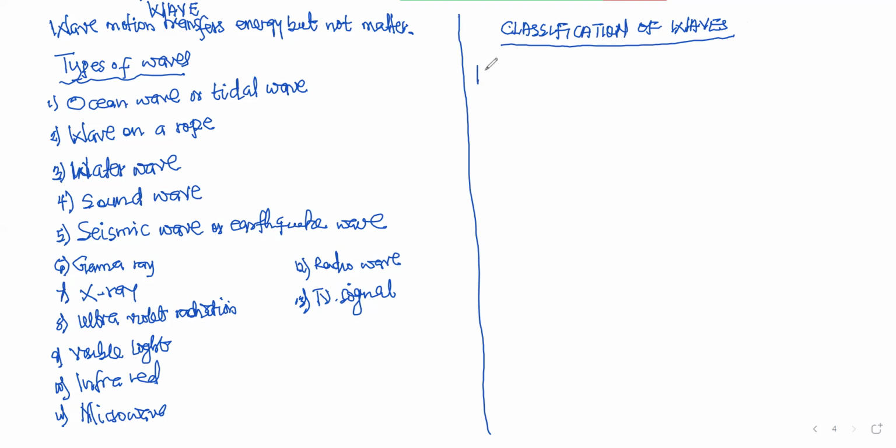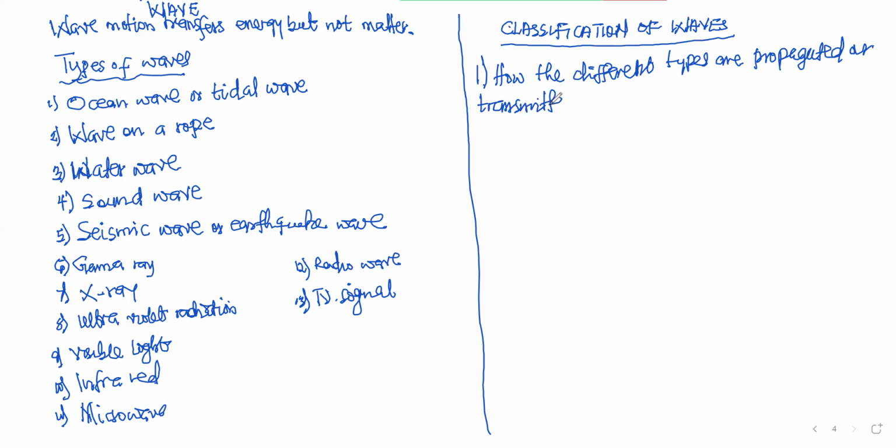So the first classification looks at how the different types of waves are propagated or transmitted from one point to another.